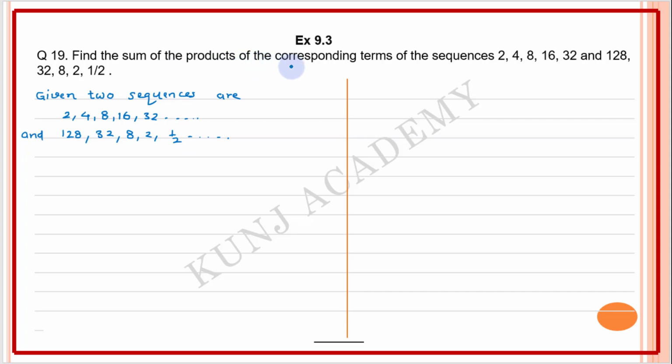Sum of the products of the corresponding terms of these two sequences.